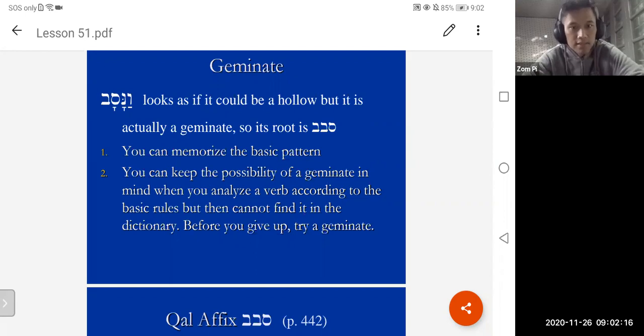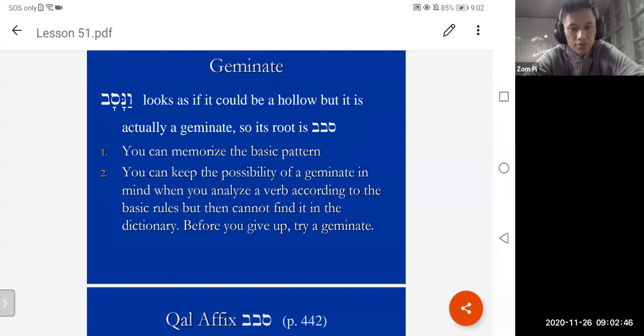Vanasaf looks as if it could be a hollow verb, but it is actually a geminate. So its root is sabab. You can memorize the basic pattern. You can keep the possibility of a geminate in mind when you analyze a verb according to the basic rules but cannot find it in the dictionary.